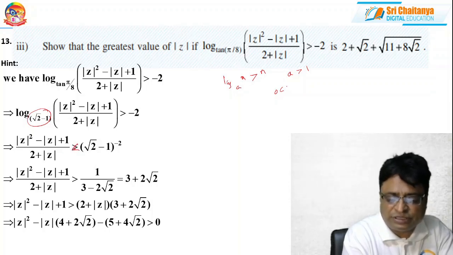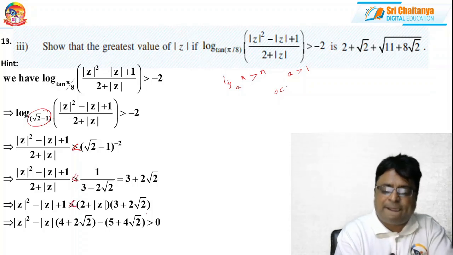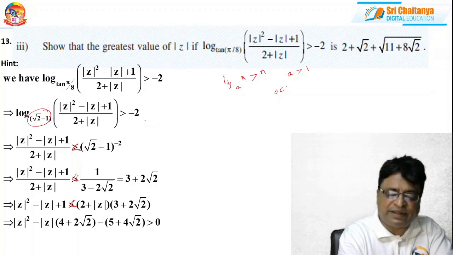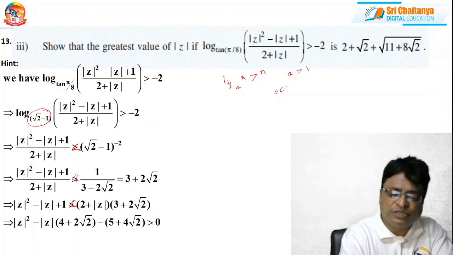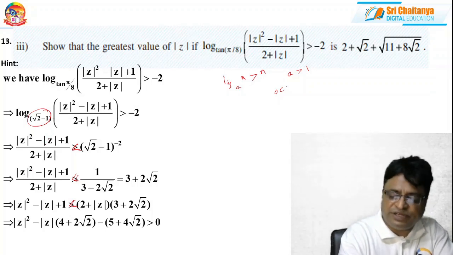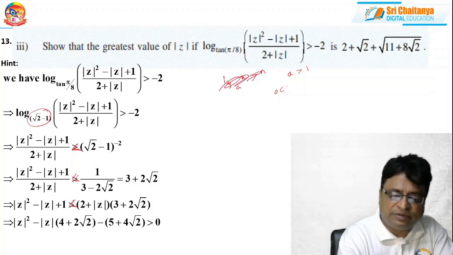So you simplify this, and mod z whole square minus mod z plus 1 by 2 plus root 2 plus mod z is greater than minus 2. So this is positive. Therefore, I can apply this is greater than only.